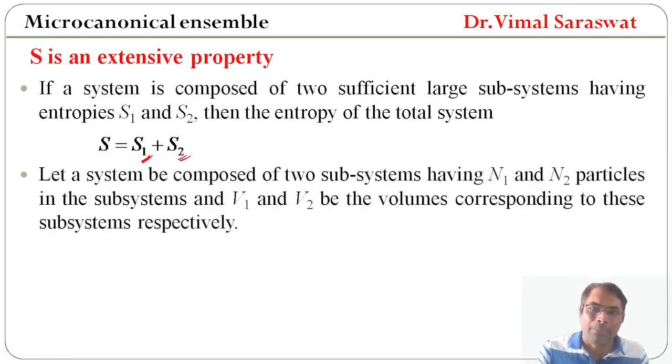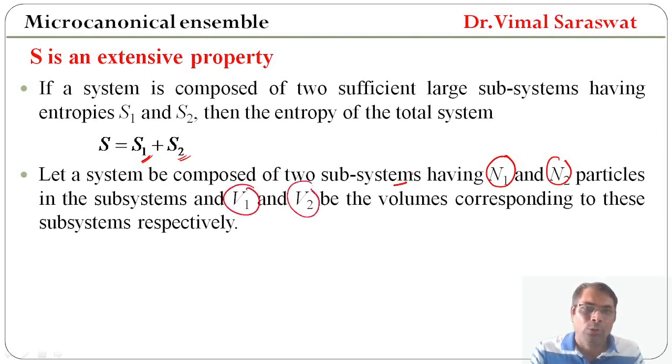Let a system be composed of two subsystems having N1 and N2 particles, and let V1 and V2 be the volumes corresponding to these subsystems respectively. It means subsystem 1 has the number of particles N1 and volume V1, and subsystem 2 has the number of particles N2 and volume V2.